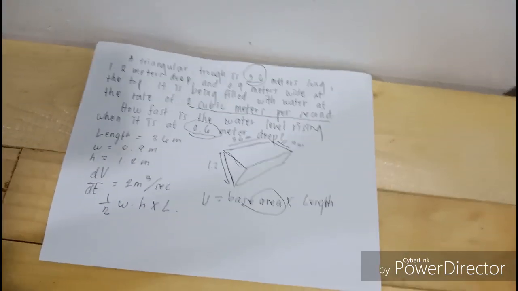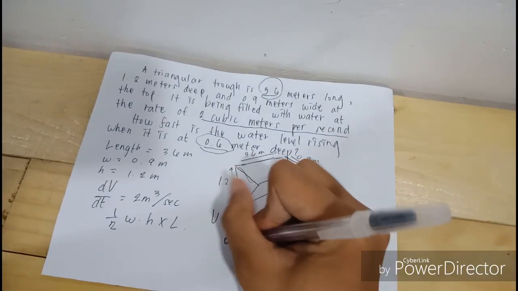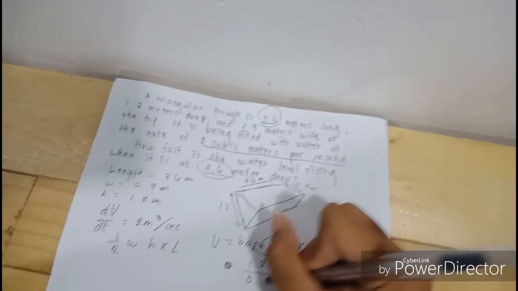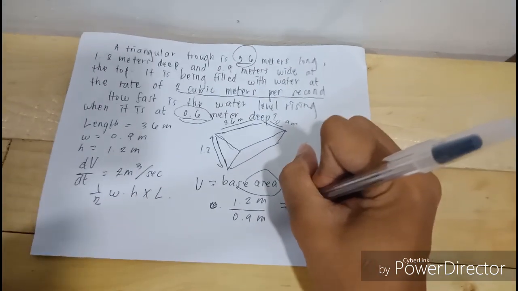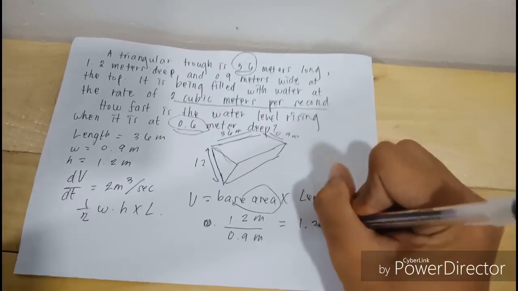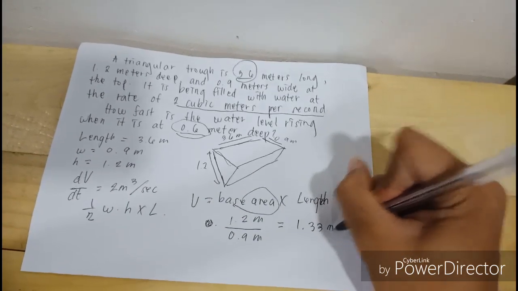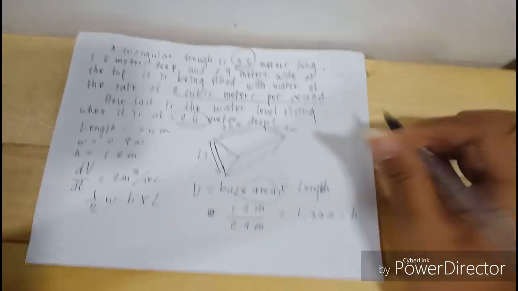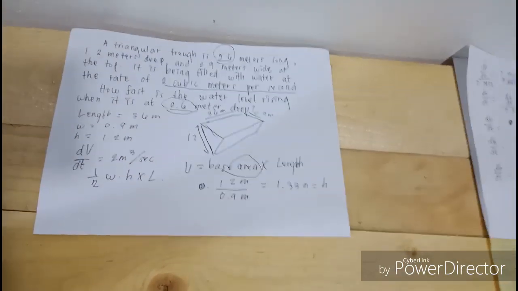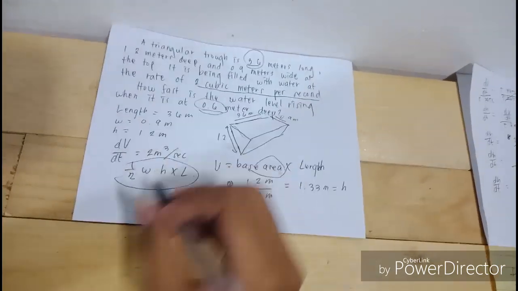So divide 1.2 meter by 0.9 meter, and that will give us 1.33 meter. So that's the height, and now we will just substitute that.